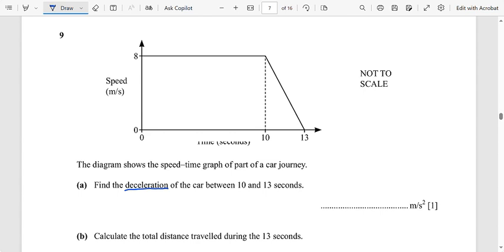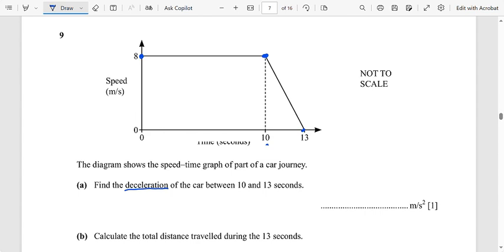When interpreting this speed time graph, when we first observed the car, it was moving at a speed of 8 meters per second for 10 seconds, after which it decelerates uniformly to rest in a further 3 seconds. So find the deceleration of the car between 10 and 13 seconds.